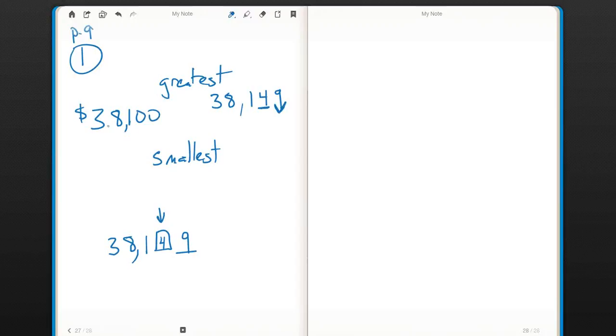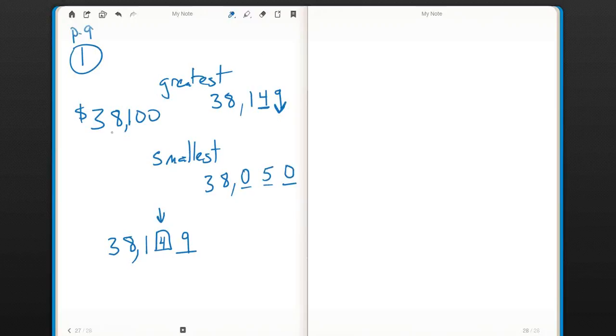So 38,149 rounds to 38,100. On the other hand, I could have 38,000, and in these next digits, maybe I started with a 0 that I rounded up because I had a 5, and this number can be as small as it needs to be. That 5 already means I'm going to round that 0 up to a 1 in the hundreds place.